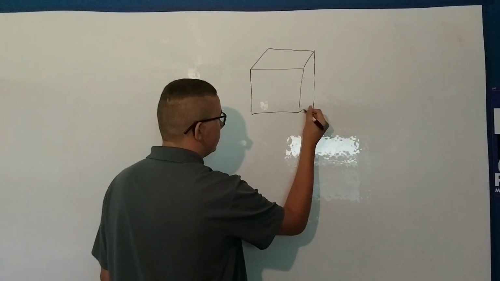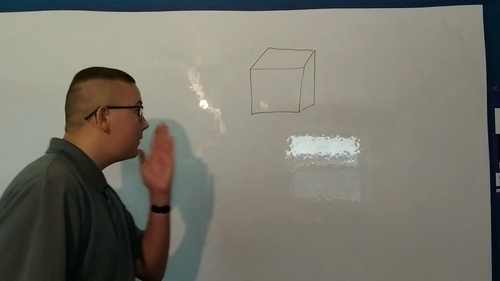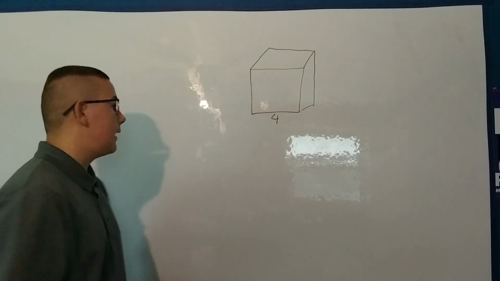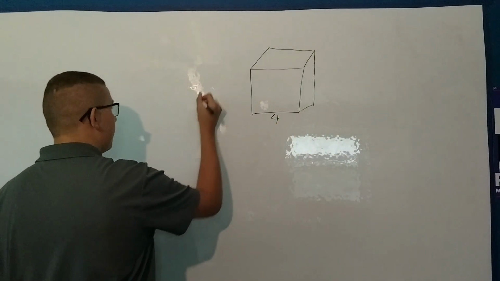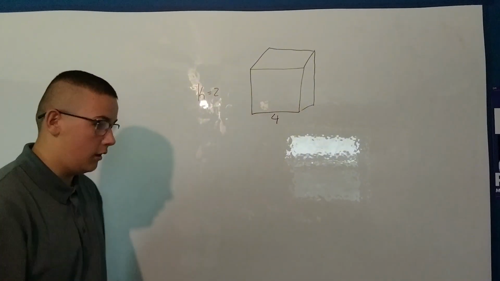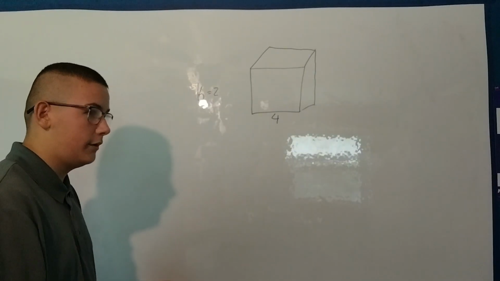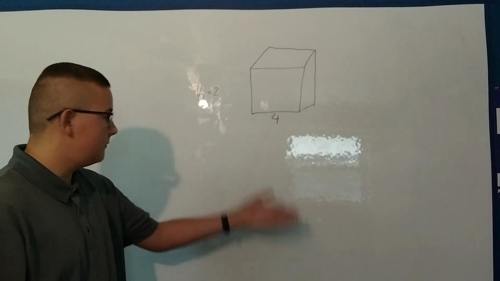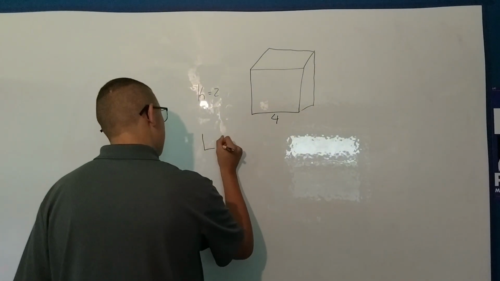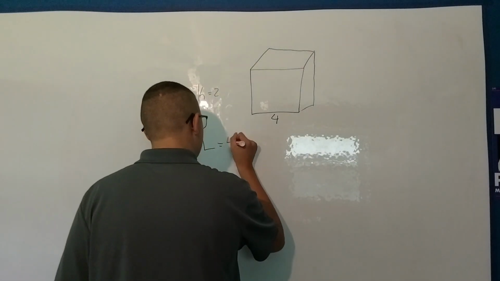I'm not good at drawing, but if we have a cube of side length 4, I want you to scale this by a factor of 2, so we're going to double it again, right? Well, first let's find our original values, right? So first we have the length. The length is 4.